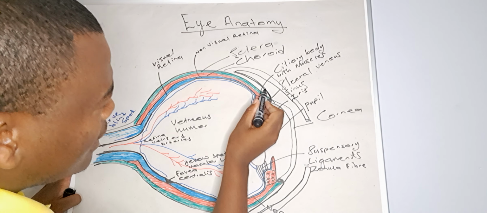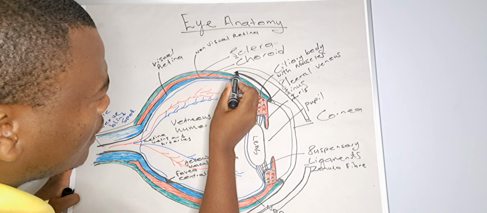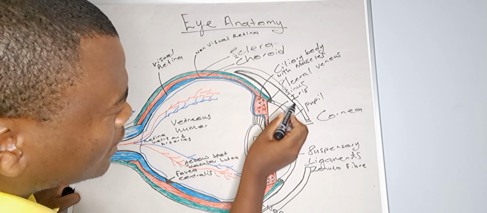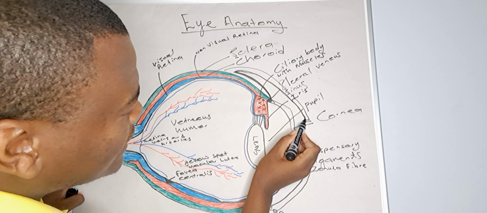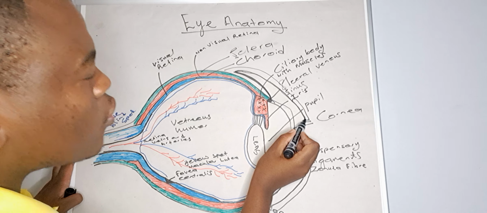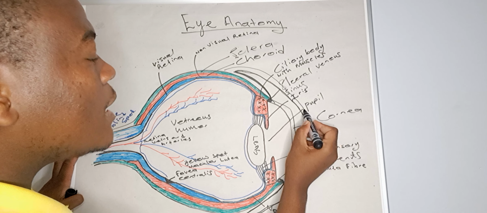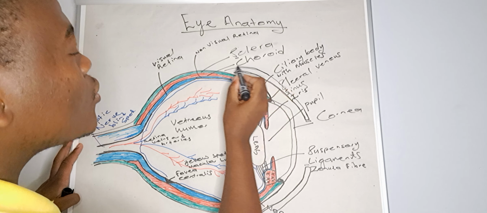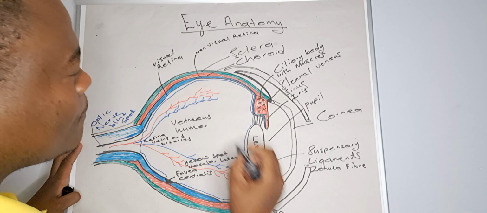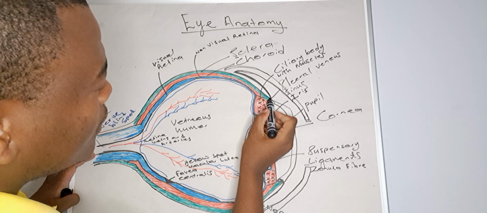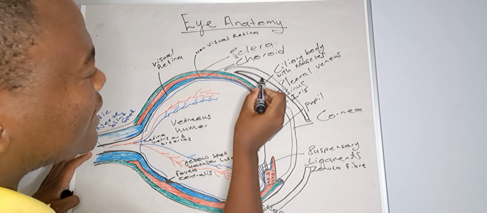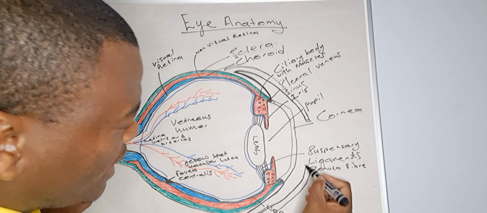From here, going with me, coming back with me, and then ending here by the eyelashes is your conjunctiva. And then taking it from your eyelashes all the way backwards is your eyelid, right? The lining of this layer, inside only, is our conjunctiva.